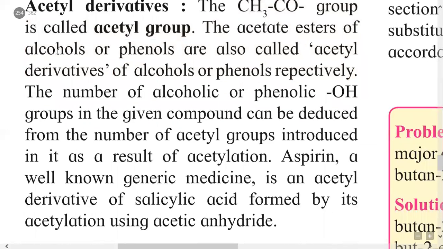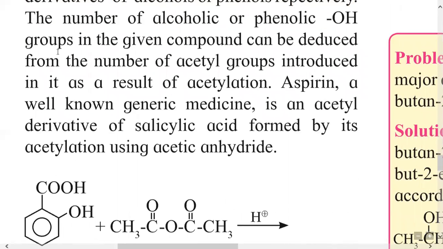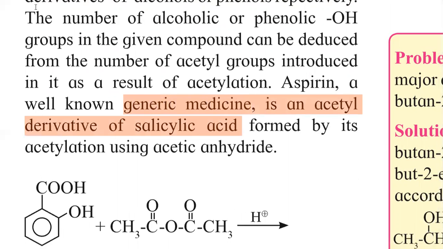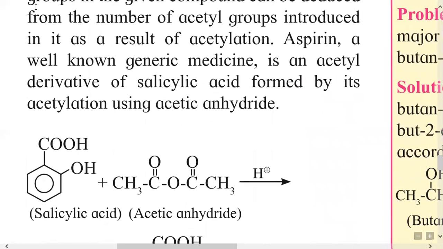Here the hydrogen atom is replaced by the acetyl group, that is the CH3CO group. Many acetyl derivatives are used in medicine, and these medicines are called generic medicines. For example, the acetyl derivative of salicylic acid is commonly called aspirin, and it is used as a generic medicine.